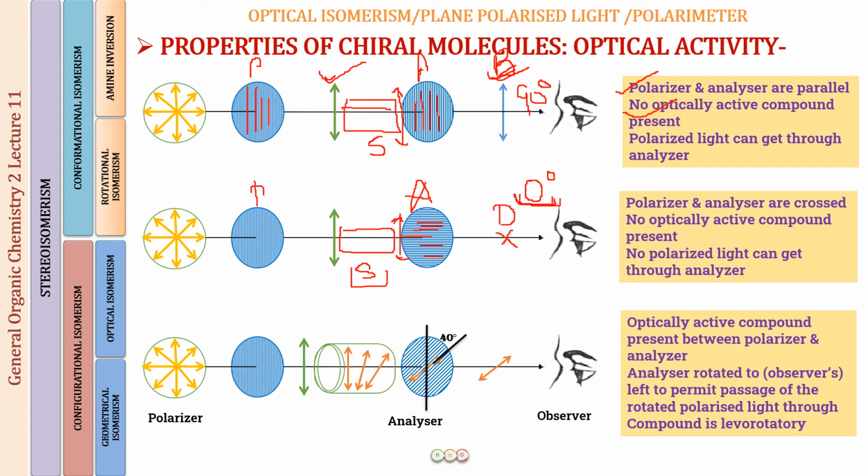Now you are going to replace the solvent by the compound whose optical activity you want to check. First we have a compound which is optically inactive. How do we come to know that the compound is optically inactive? When we placed the compound, we did not have to change the rotation and there was still complete darkness.